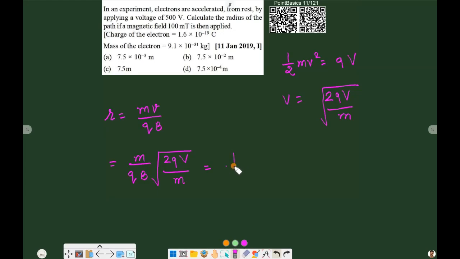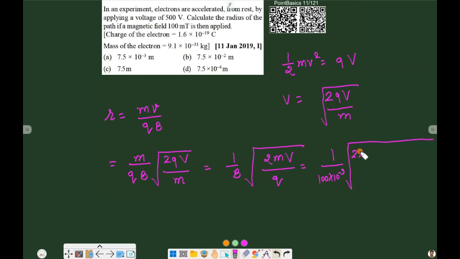Now it will be 1 by B outside as it is, and here we will have 2m times potential divided by charge. Our magnetic field is 100 millitesla, or 100 into 10 raised to power minus 3.